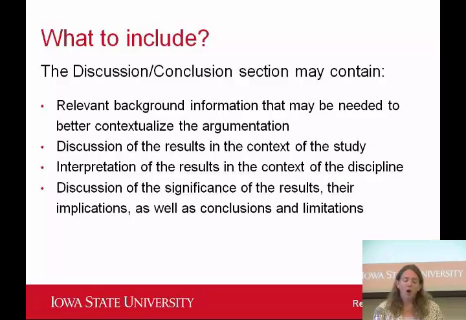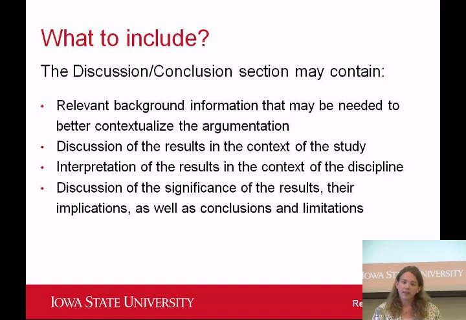Let's see. So one of the things you've got to be considering as you are setting up this final piece of your paper is the sorts of information to be including in your discussion and conclusion sections. And as I've said, that will depend really dramatically on what you've included in the results section.